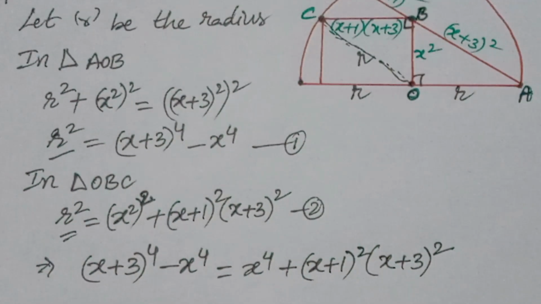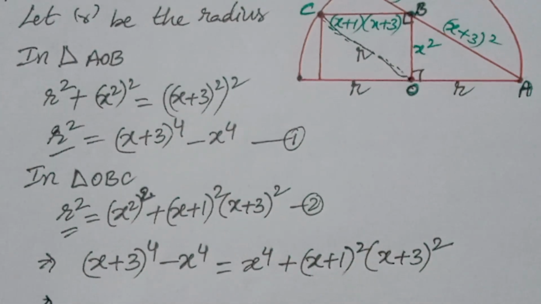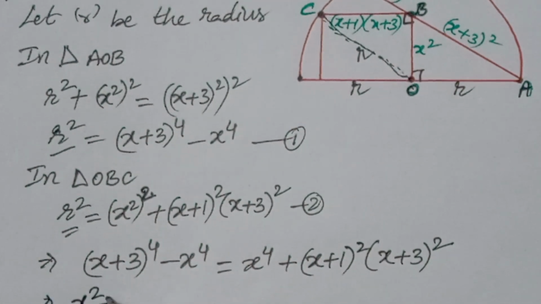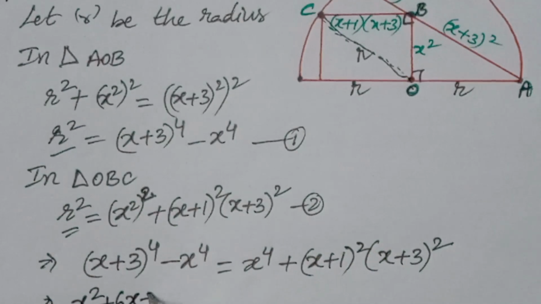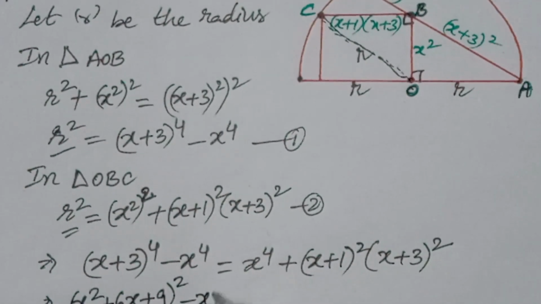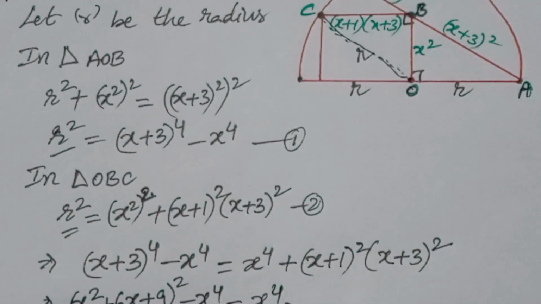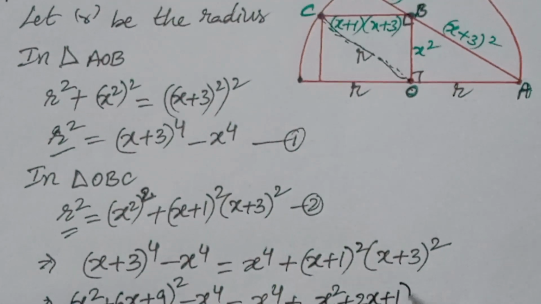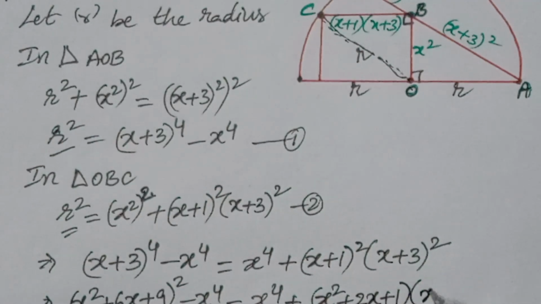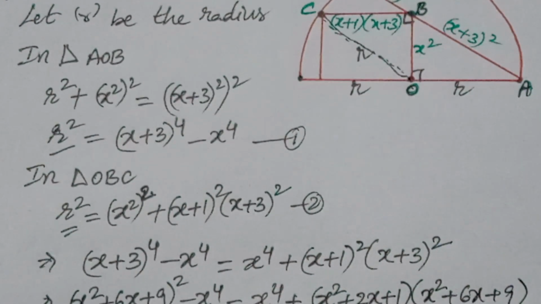Now here you have to expand. So here I am writing first (x square plus 6x plus 9) whole square minus x to the power of 4 is equal to x to the power of 4 plus (x square plus 2x plus 1) into (x square plus 6x plus 9).